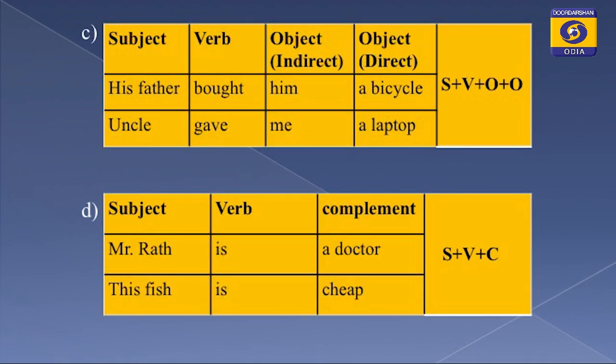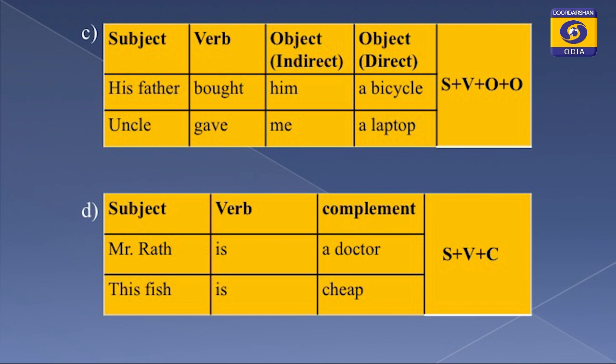Then you see S plus V plus O: subject, verb, indirect object, then direct object. Here there are some examples for you. His father bought him a bicycle. This is the subject, verb, indirect object and direct object pattern.